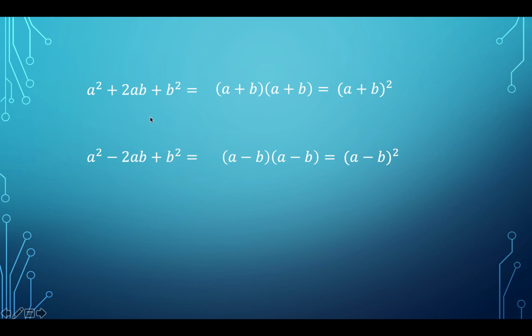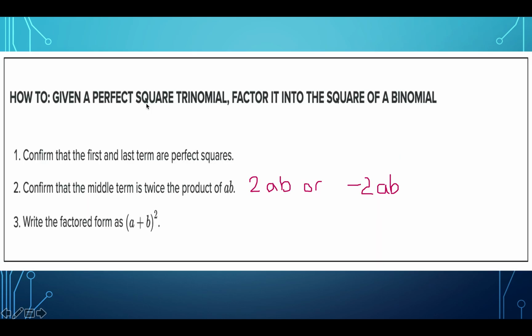What we have to do is multiply 2 times whatever a is and whatever b is, and you should get that same middle term back. So confirm that the middle term is twice the product of a times b: 2ab if it's positive, or negative 2ab if it's negative. Then we write the factored form as (a plus b) squared or (a minus b) squared.